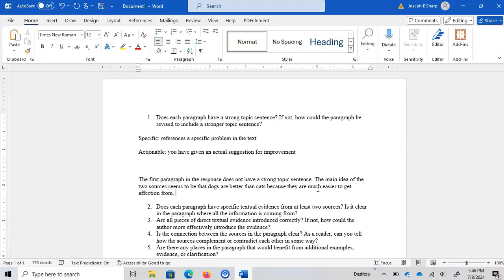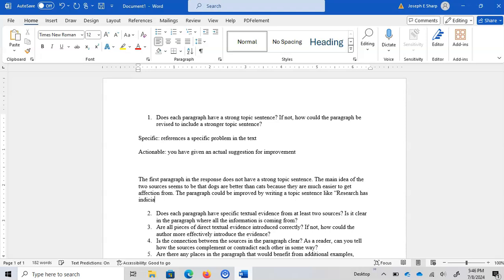You might say something like, the paragraph could be improved by writing a topic sentence like, now this is our specific actionable suggestion, research has indicated that dogs are more likely than cats to sit in your lap while you watch TV. And now we know that's what this paragraph is going to be about.